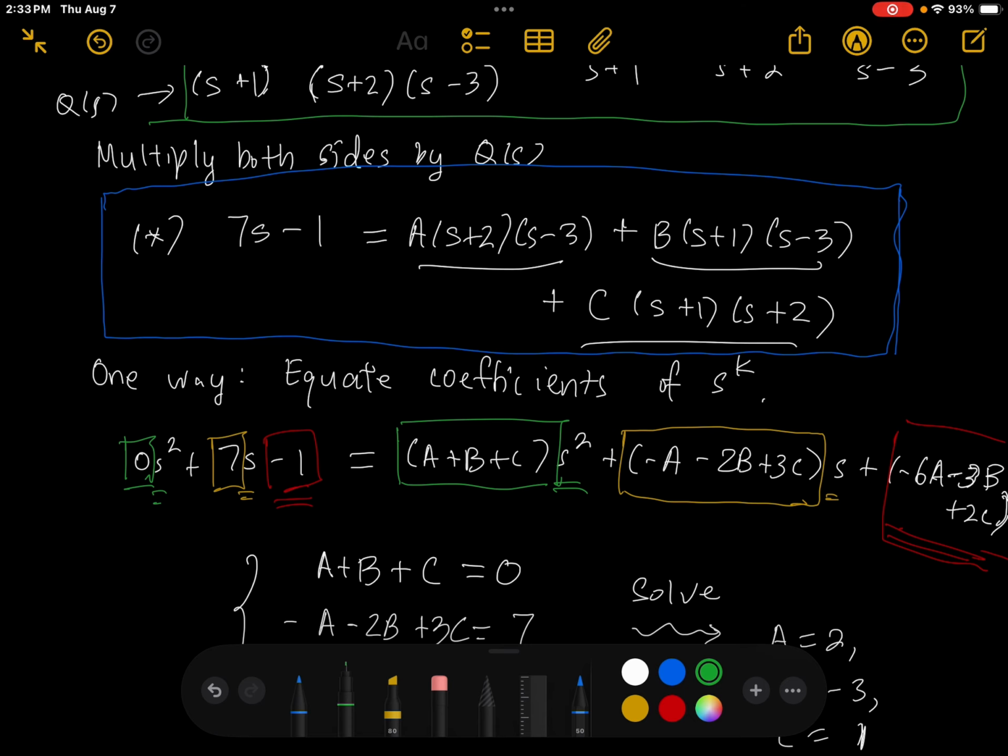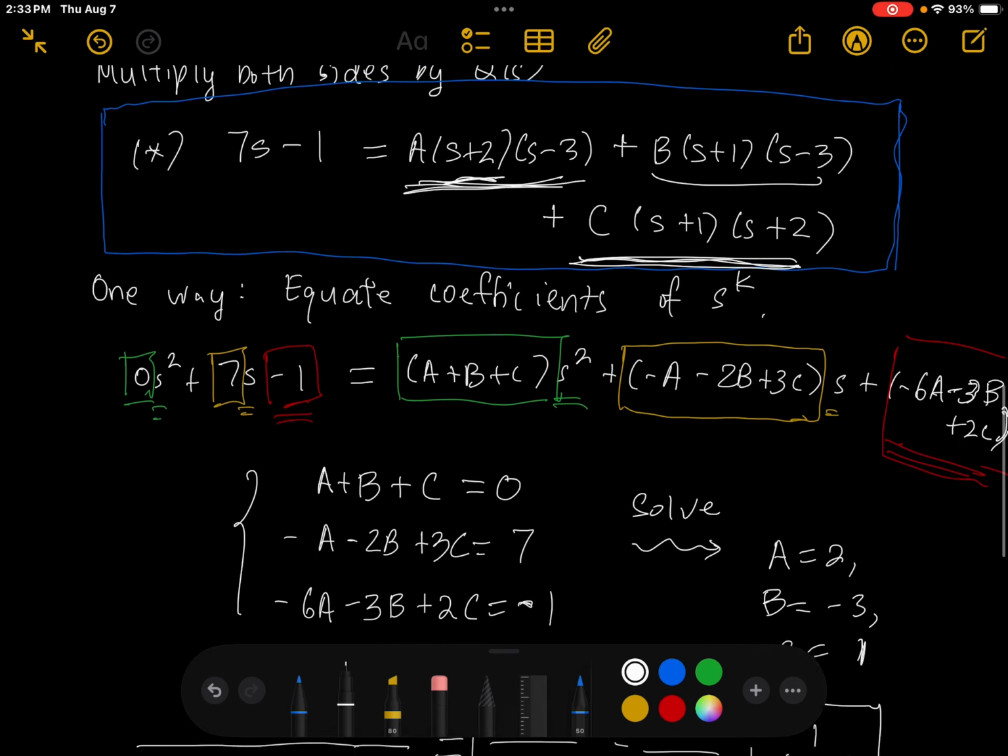What happens if you plug in S equals negative 2? This term is going to turn into 0 because of this S plus 2. If S is negative 2, then S plus 2 is equal to 0, so that whole thing is going to be 0. And similarly, this whole term is going to be 0 because there's an S plus 2. Then you're going to get something in the middle, and that number on the left, and then you can set them equal and solve.